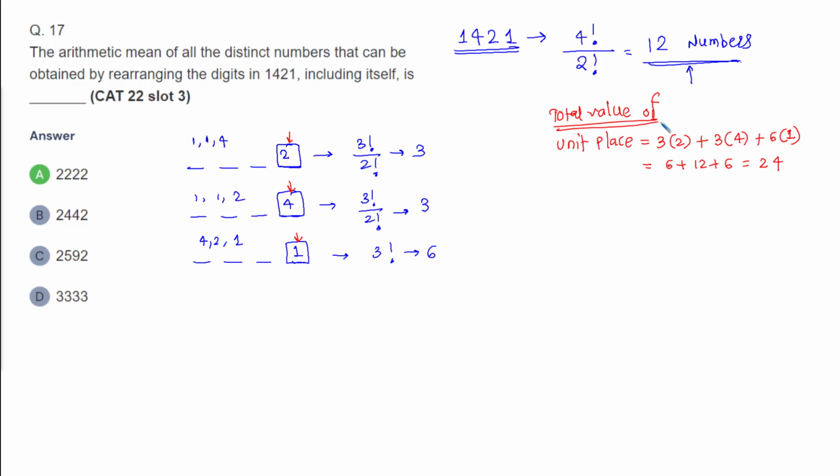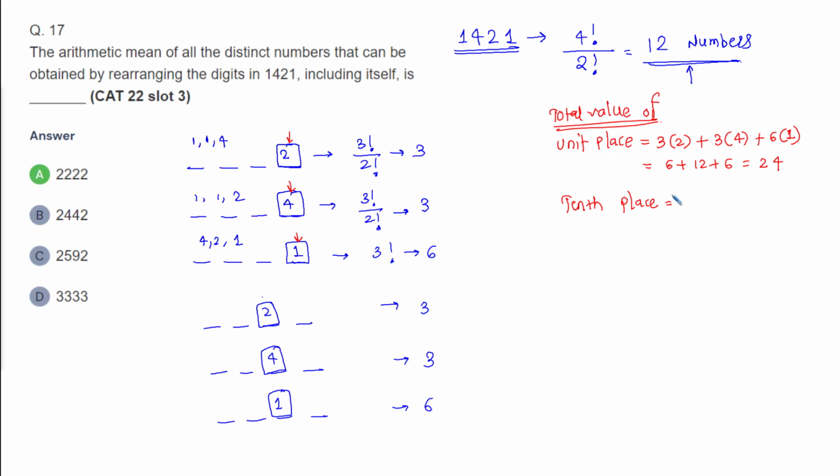Similarly, let's get the total value of 10th place. If I fix 2 over here, the value of this 2 is 20. If I fix 4 over here, the value of this 4 is 40. If I fix 1 over here, the value of this 1 is 10. Again, there are 3 numbers over here, 3 numbers over here, and 6 numbers over here.